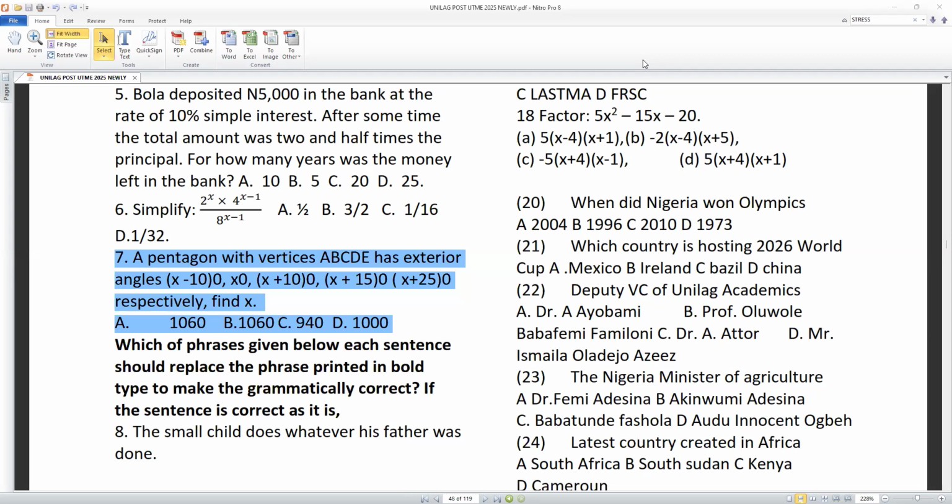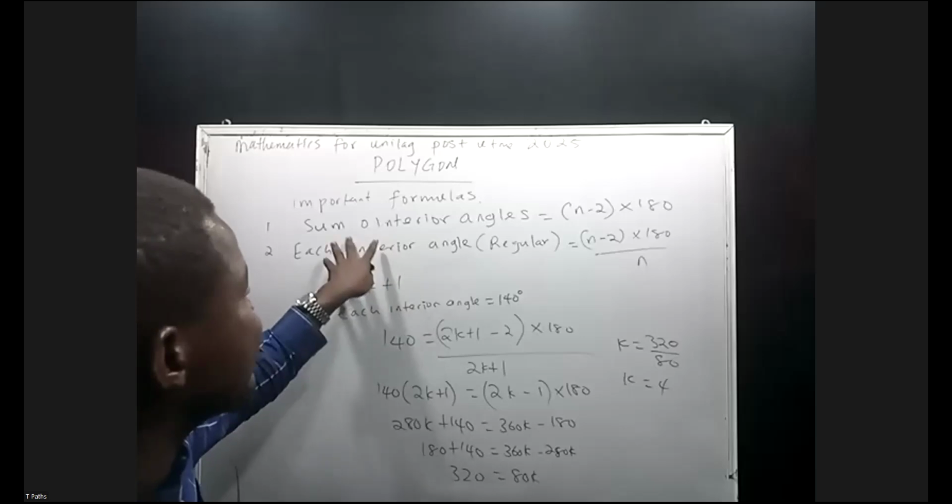Let's move to the next one. Any question? We don't have time. We want to move to the next topic. I don't understand. Sum of exterior angle. Forget about this one, it is interior.